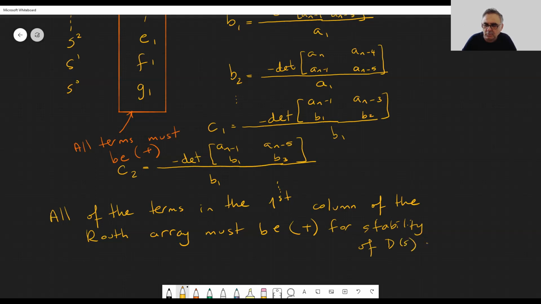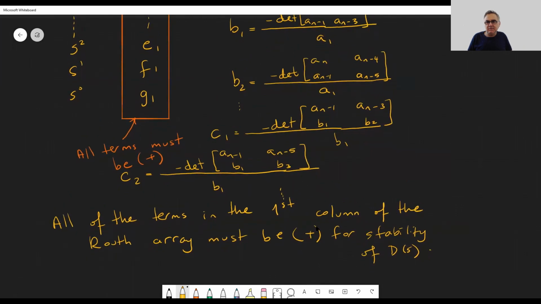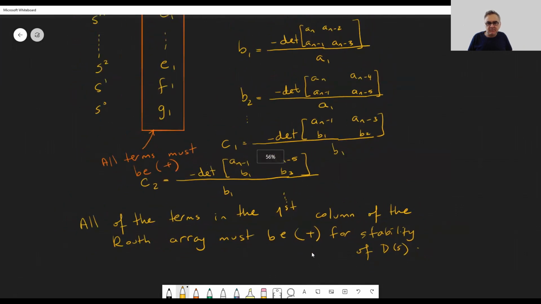For all the roots to have negative real parts, all the terms in the first column of the root array must be positive. Okay, I'll give you examples, but let's take a break at this point.